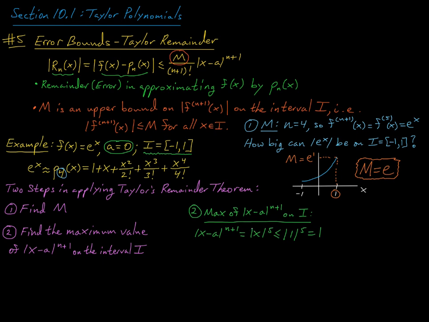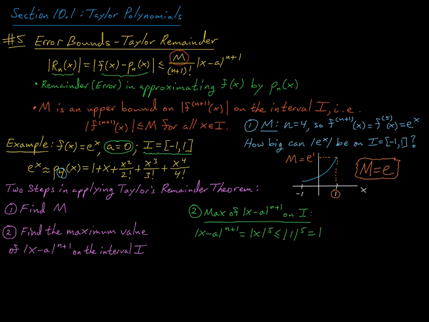So we're really looking at the absolute value of x raised to the fifth power, and we're asking how large this quantity can be on this interval I, from -1 to 1. Well, x can be no larger than 1, so this quantity will be bounded above by 1 raised to the fifth power, which is, of course, just 1.